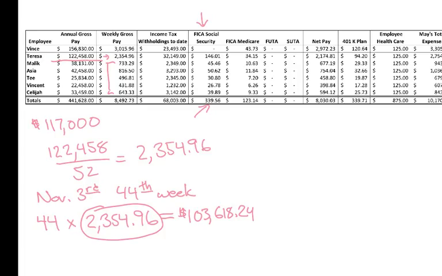So to use Vincent May, for example, we would take his $3,015.96, multiply that by 1.45% or 0.0145, and you would get $43.73 worth of Medicare, and that will be represented in this column.